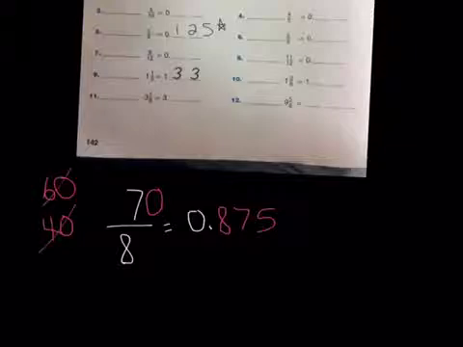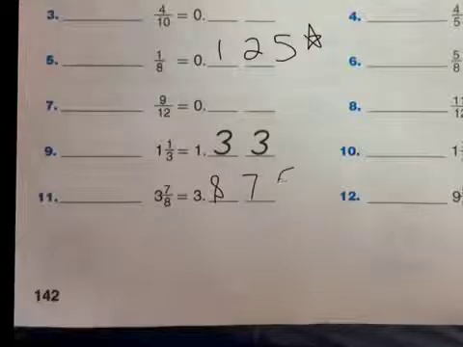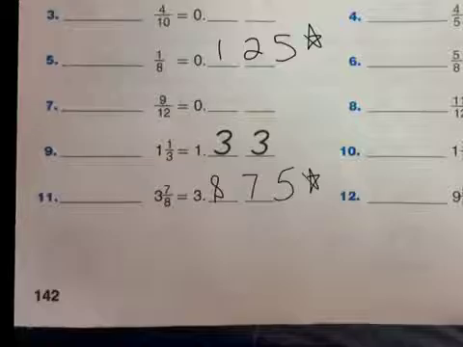And there we have it. So 7/8 equals 0.875. But we're not going to write 0 because we've already been given the whole number as 3. So we write 875. And that's another key answer.